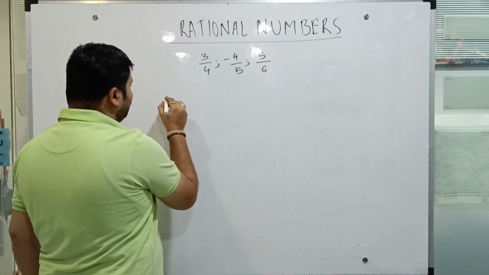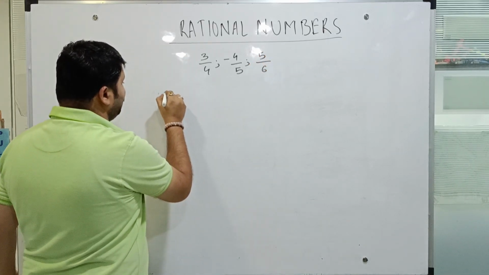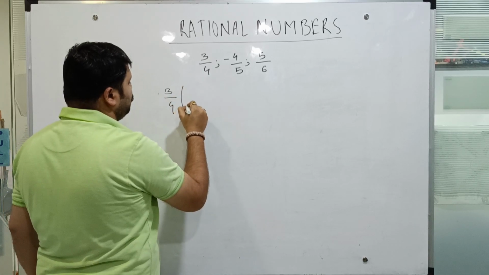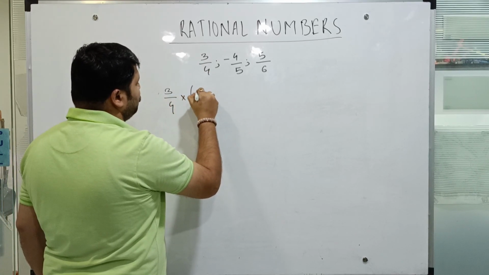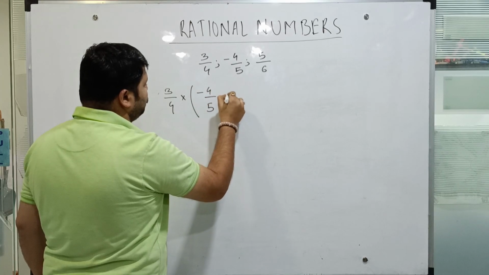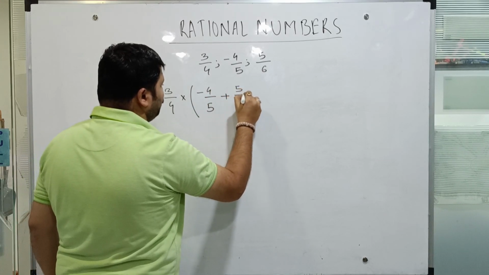So let us first find what we get after 3 upon 4 multiplied by minus 4 upon 5 plus 5 upon 6.